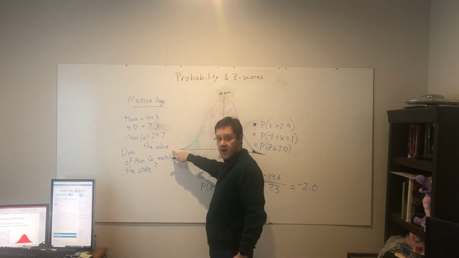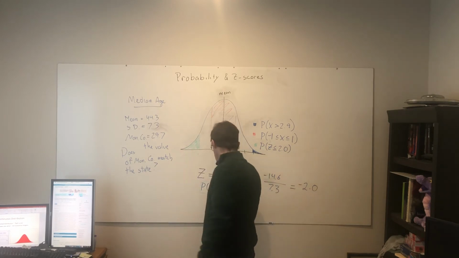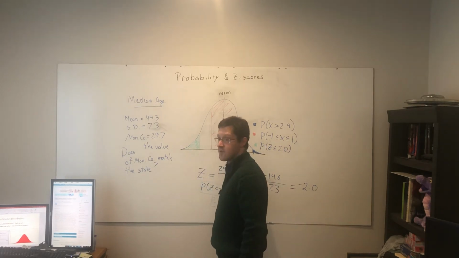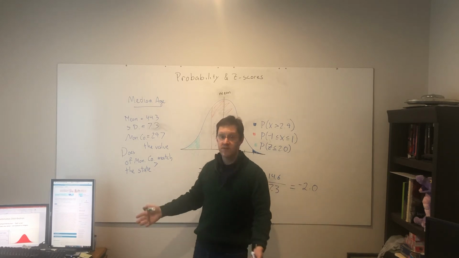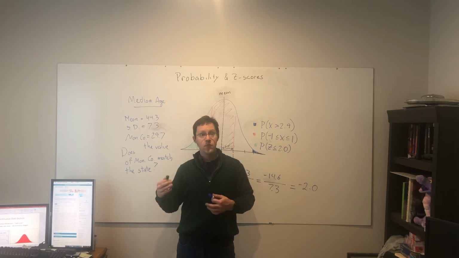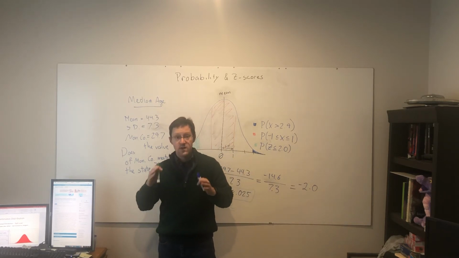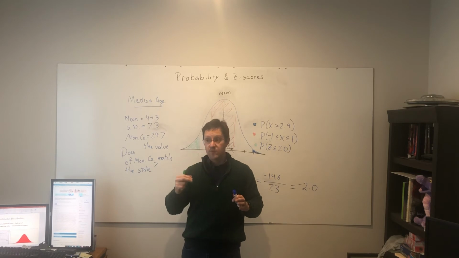The value of Mon County matches the rest of the state. What we're saying here is there's only a 2.5% chance Mon County fits in with the rest of the state. That would seem to be pretty low. There are no strict, cut and dry thresholds. It is very common to use either 5% or 10%.